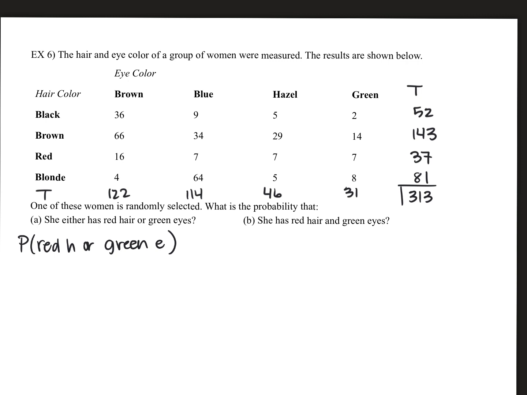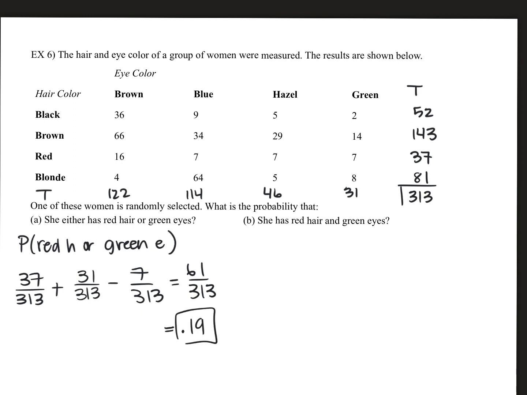So the number with red hair, 37 over 313, plus green eyes, 31 over 313, minus the overlap, which there are 7 out of 313. So 37 plus 31 minus 7 is 61 over 313, which is 0.19. So about 19%.